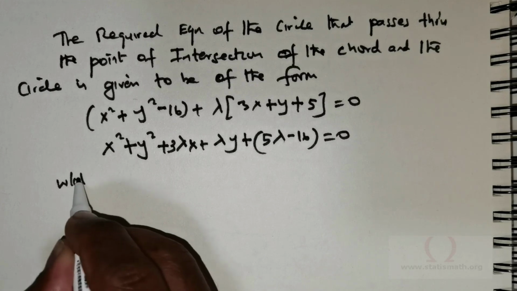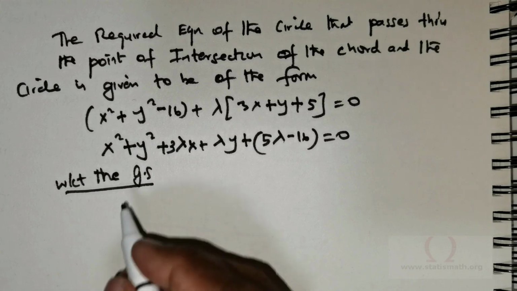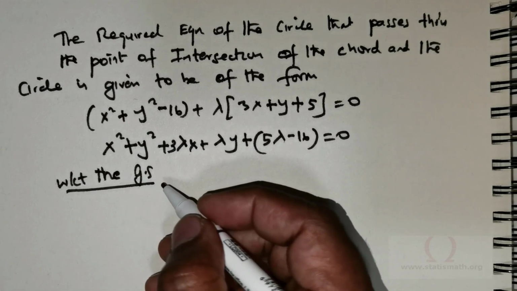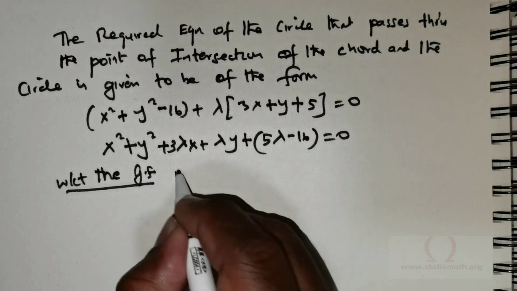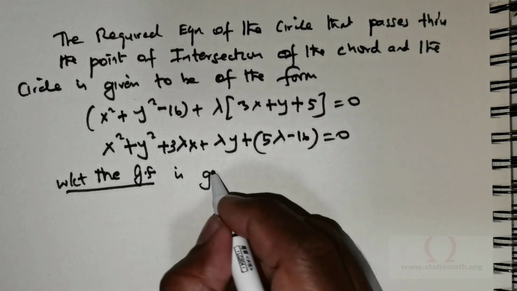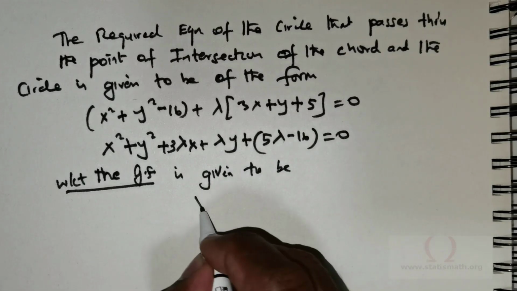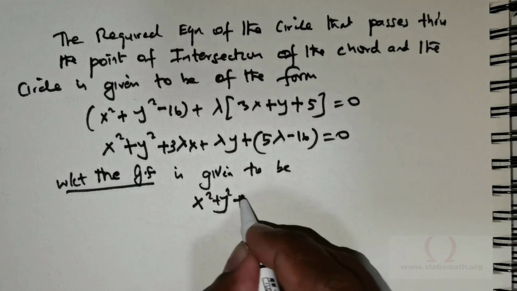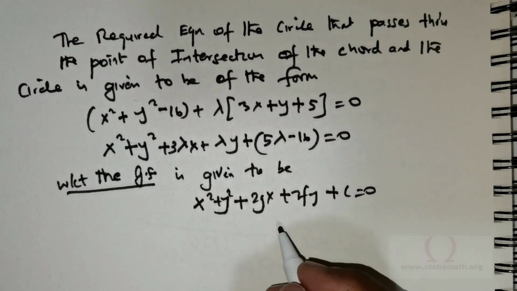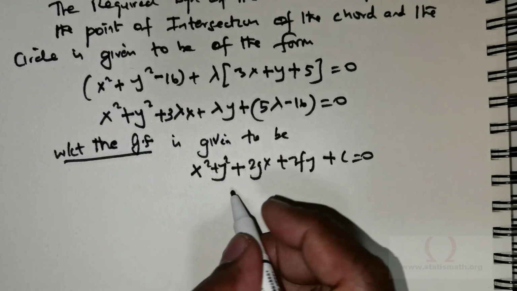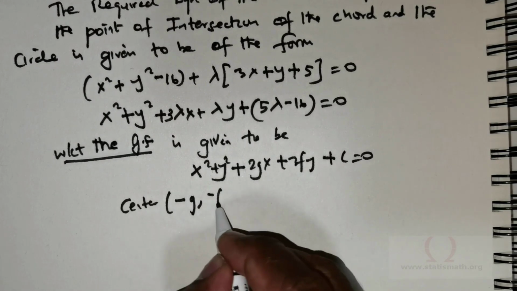Now we know that the equation of the circle in general form is given to be x² + y² + 2gx + 2fy + c = 0. So the center is (-g, -f).